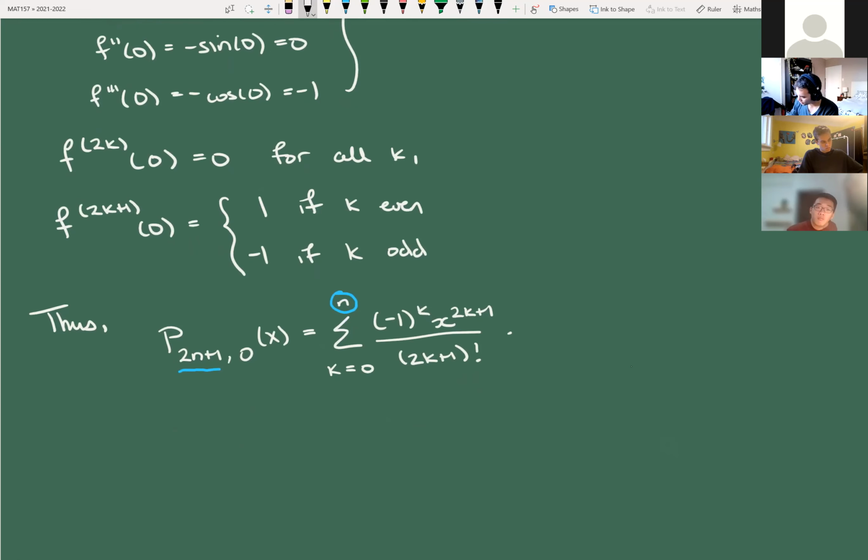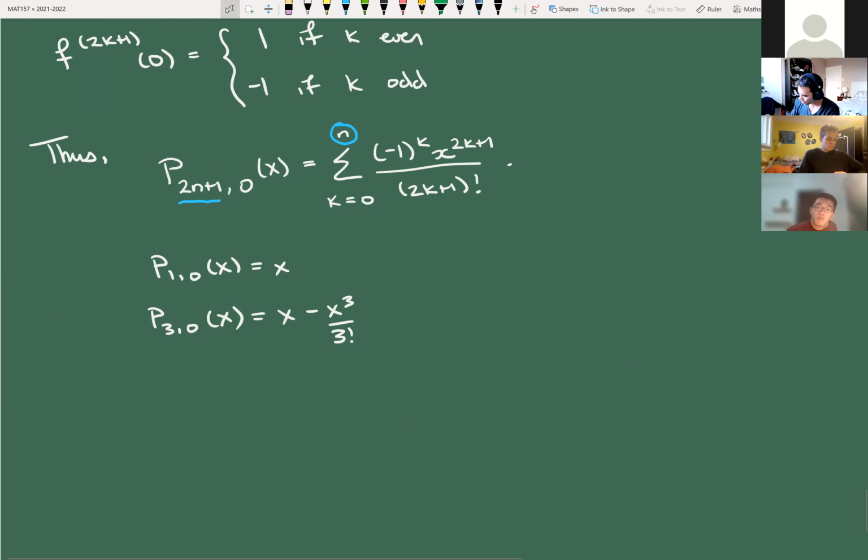So if we write a couple of these out explicitly, we'll get, for example, p1, 0 of x is just x, p3, 0. So there is p2, right? p2 does exist, but it is just the same as p1 because I just added on a 0 term. Right? So even though we're only writing out the odd powered ones, the even ones do exist.